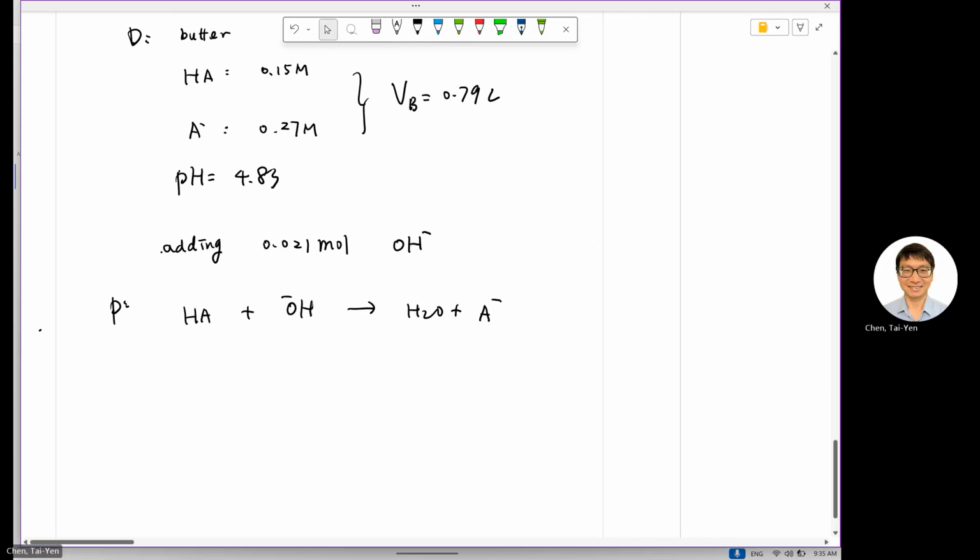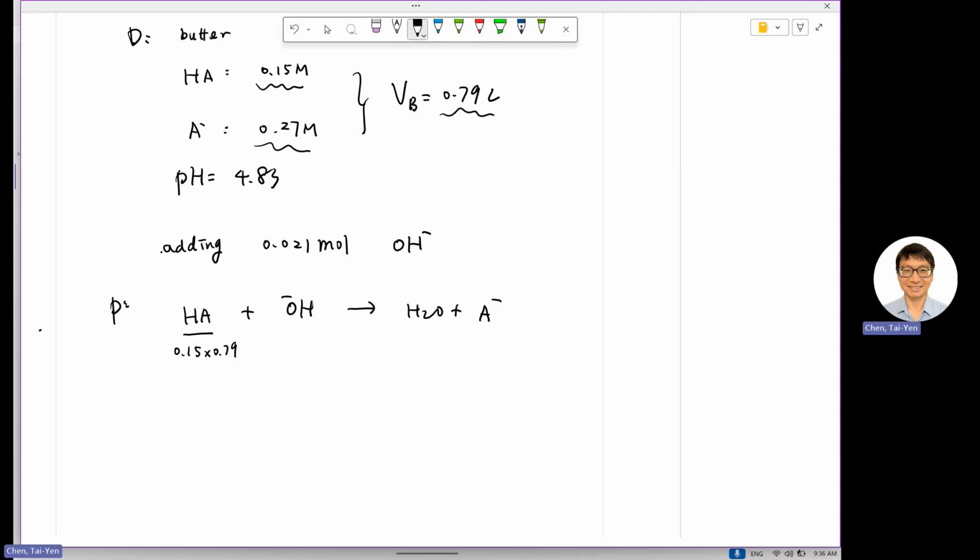So you want to calculate after this has happened, who are the survivors? First you need to know how many moles you have of HA. It will be the concentration of your HA times the total volume, which is 0.15 times 0.79.